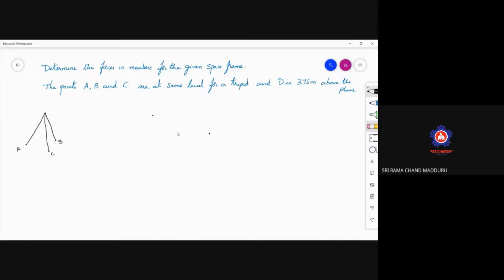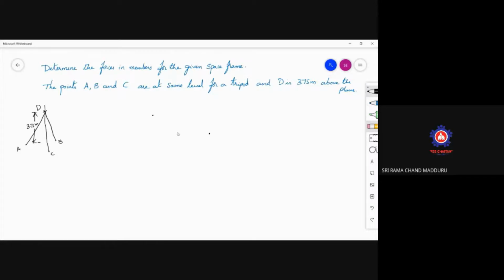The vertical height of this member from ground level is mentioned as 3.75 meters, and this point is D. Now, a load is acting along the vertical direction as well as along the horizontal direction.